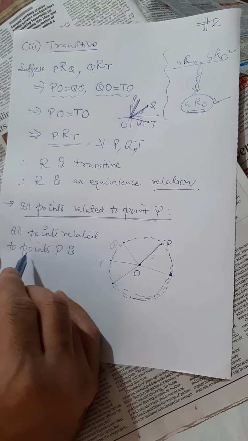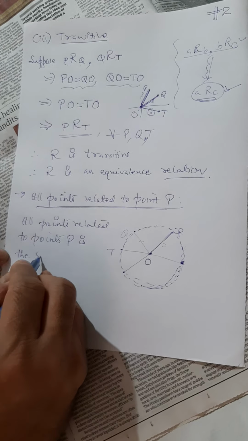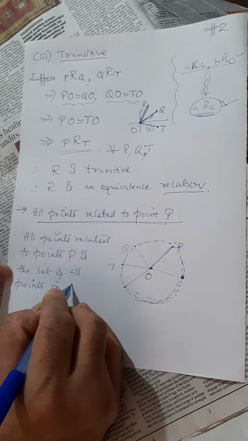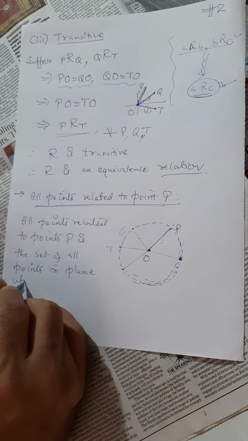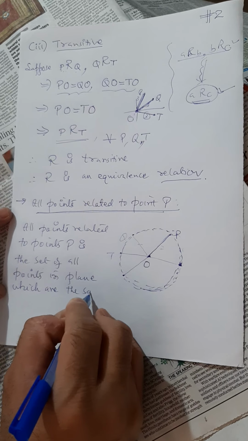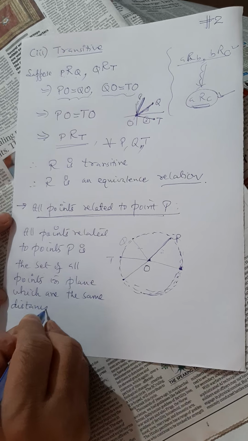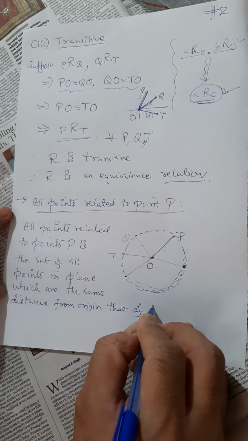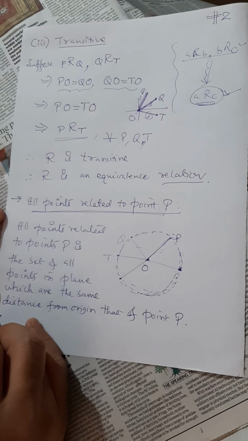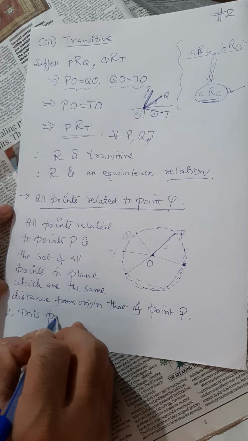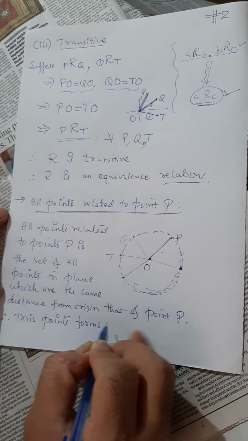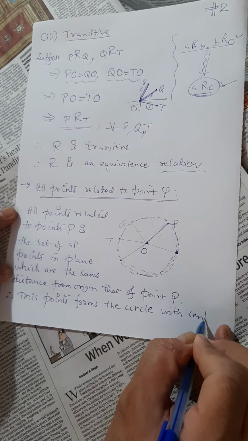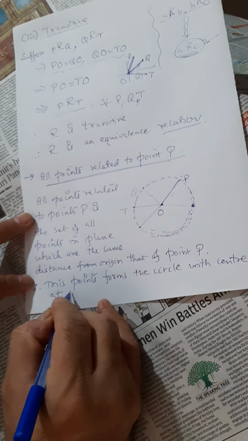So here I can write: all points related to P is the set of all points in the plane which are at the same distance from origin as that of point P, and this collection of points forms a circle with center at origin.